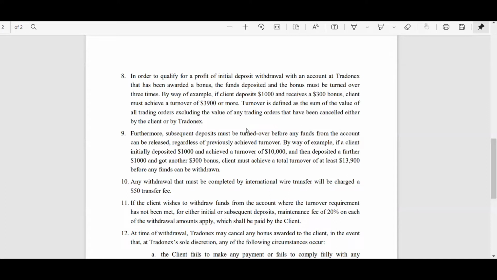So you would have over $7,000 of turnover. So it could work in your favor if you don't plan on withdrawing, but if you do, I strongly recommend you don't take the bonus.